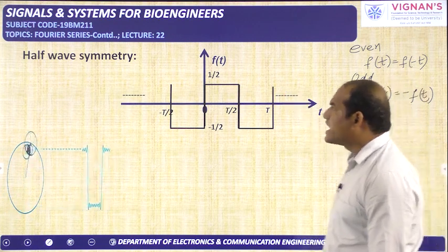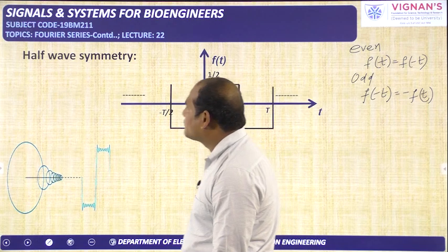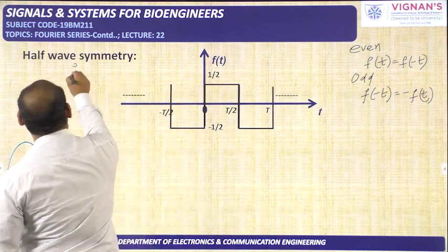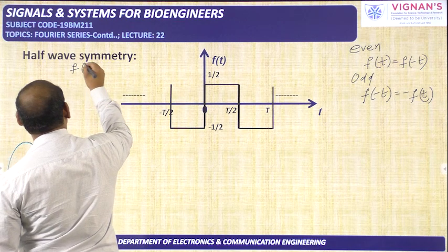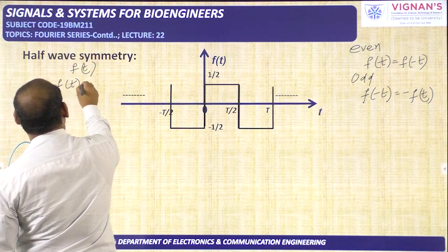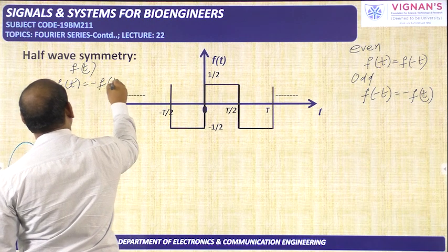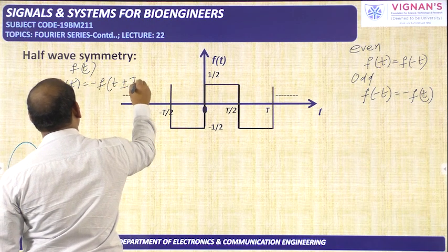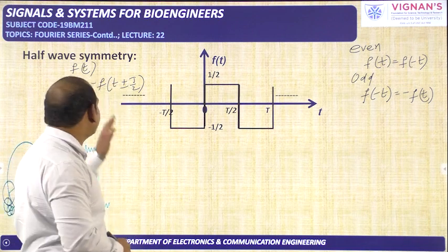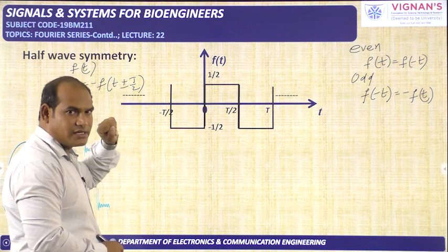Now we will see half wave symmetry. So what is half wave symmetry? For the signal f of t, it is said to have half wave symmetry whenever f of t is equal to minus f of t plus or minus T by 2. If this equation is satisfied, then f of t has half wave symmetry.